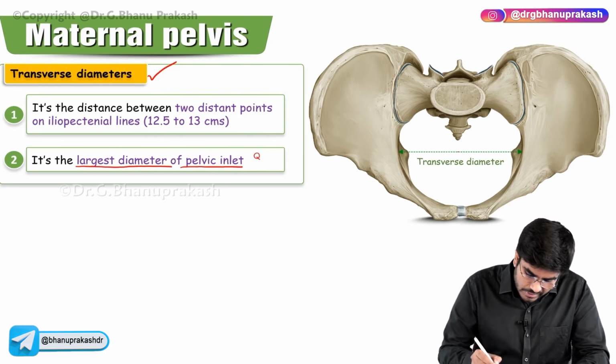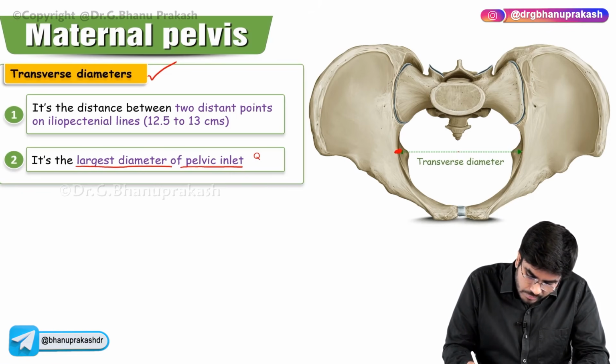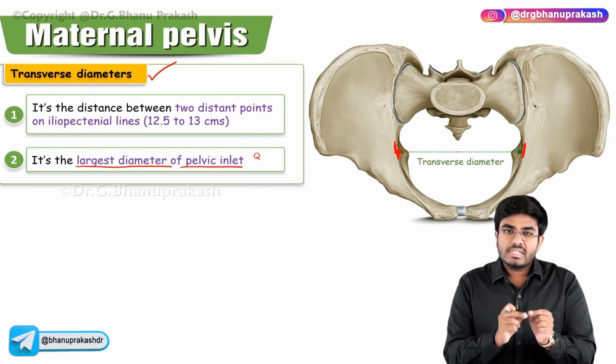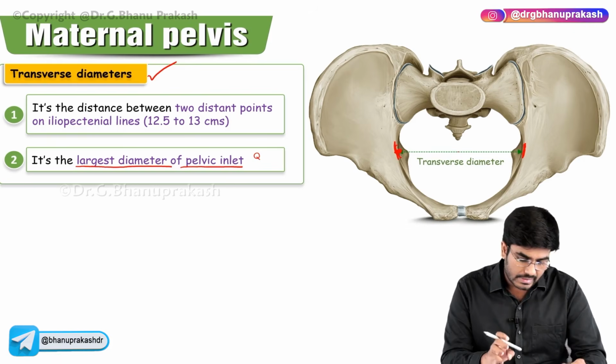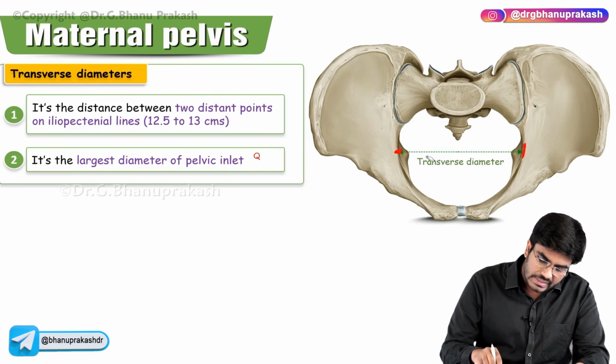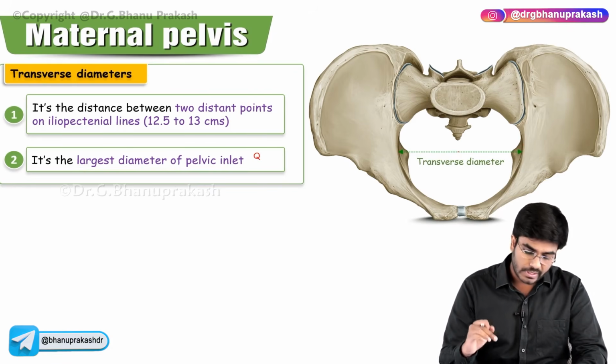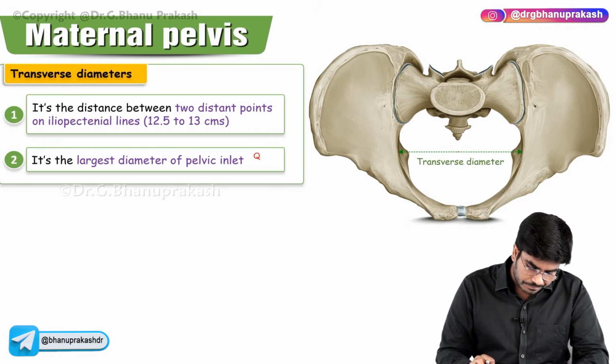These transverse diameters are between two distant points on the iliopectineal lines. Here will be one iliopectineal line and here will be the other iliopectineal line. So the distance between these two iliopectineal lines is the transverse diameter. And how much will it be, guys? It will be approximately 13 centimeters, 12.5 to 13 centimeters. That's a very important point.